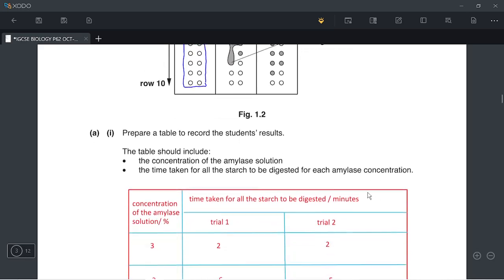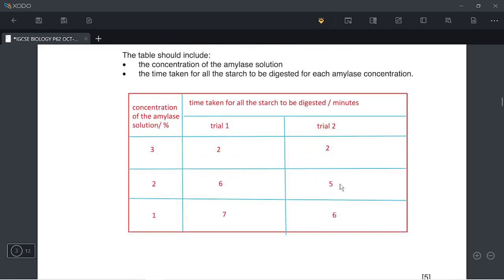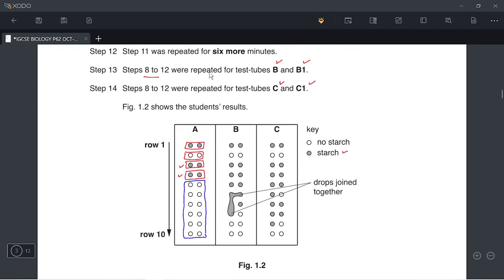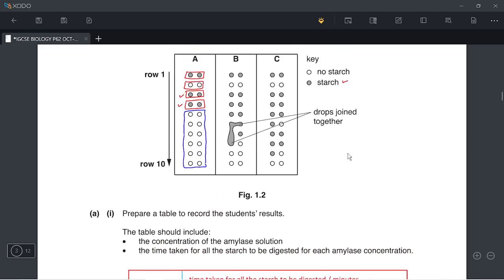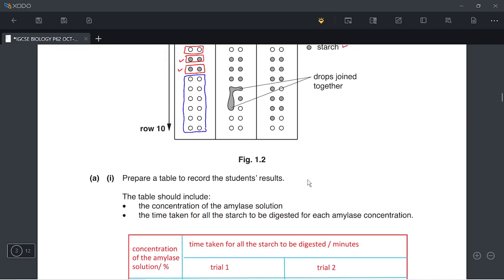Similarly, we can see test tube A had 3% amylase solution, right? So in trial 1 and trial 2, in both cases, the time taken for all the starch to be digested is 2 minutes. Within 2 minutes, the starch is completely digested.